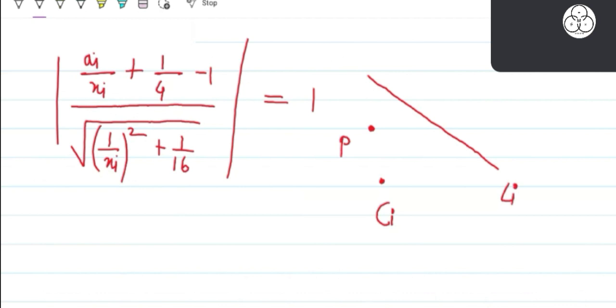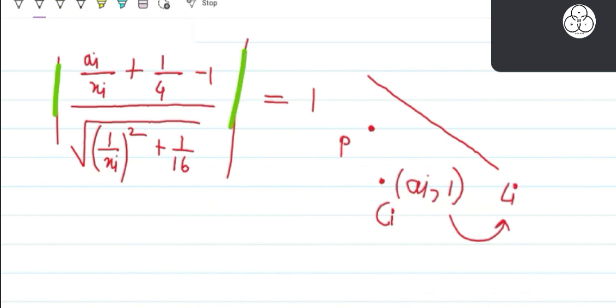Now here what we did, we put the coordinates of Ci, (ai, 1), in the line Li, and we want to determine the sign of this modulus. So how do you do this?